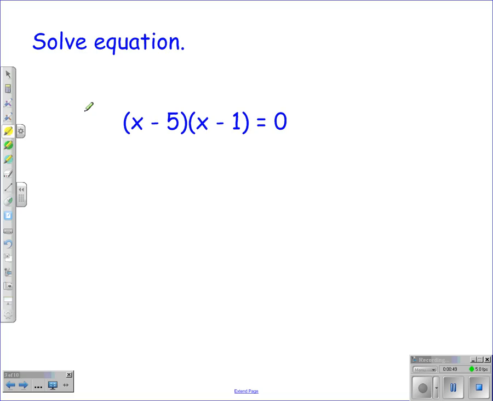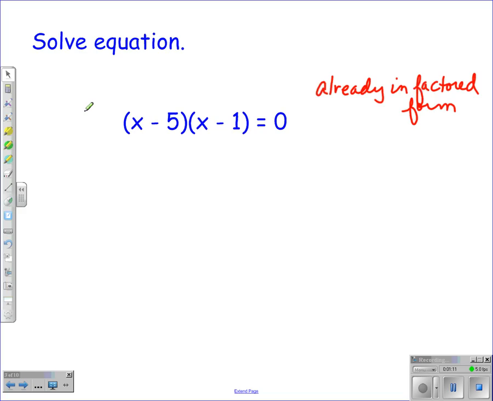We're going to solve an equation using that property to help us. This equation is already in factored form for us. That might help us in looking at this problem. It's kind of like half done already in factored form.